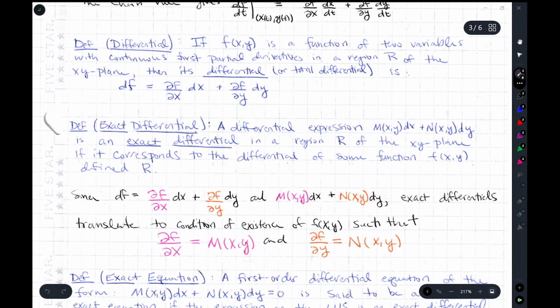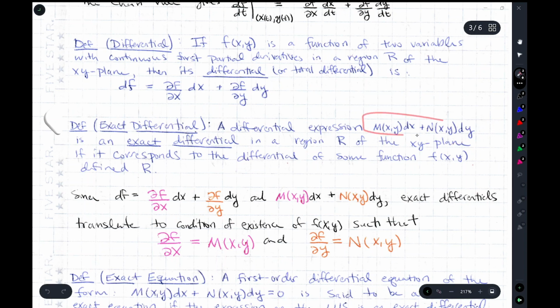An exact differential: a differential expression M(x, y) dx plus N(x, y) dy, okay, so here M in this section will always be multiplying dx, N will always be multiplying dy, and both of them depend on both x and y.